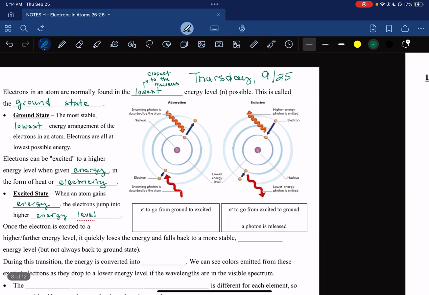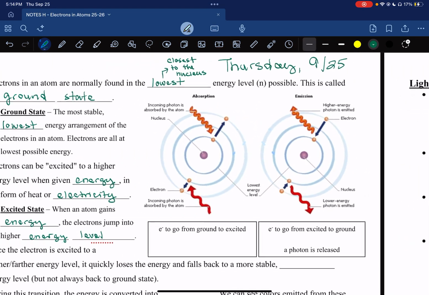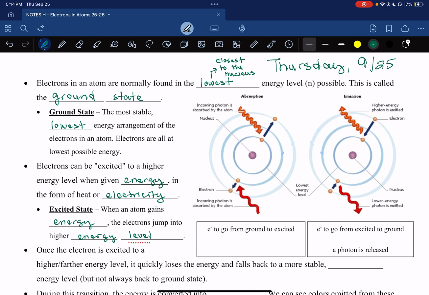So let's look at this diagram. In example one, it shows the first position of an electron in the inner, lowest energy level. It has been intercepted by an incoming photon.